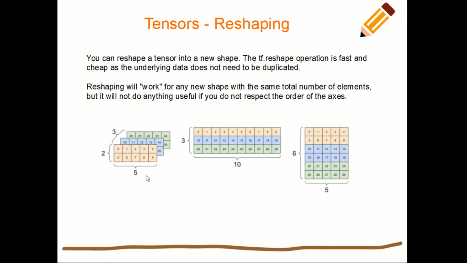The reshaping should also maintain the total number of elements, 30. So we can reshape it to something like 3 multiplied by 10 or 6 into 5. That is all fine, because the number of elements is the same in all of them. We are just trying to reorganize the tensor values into a different shape.